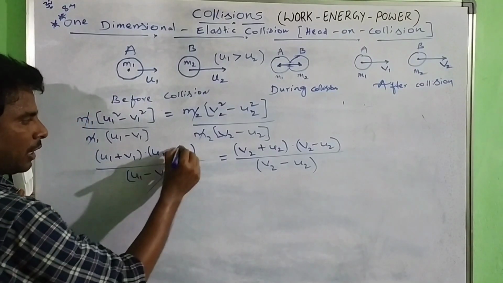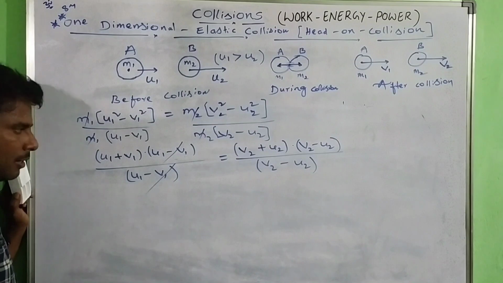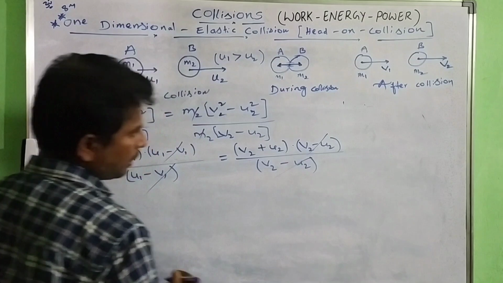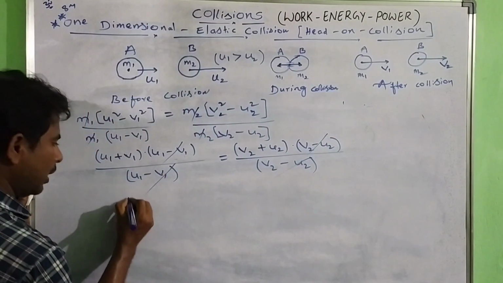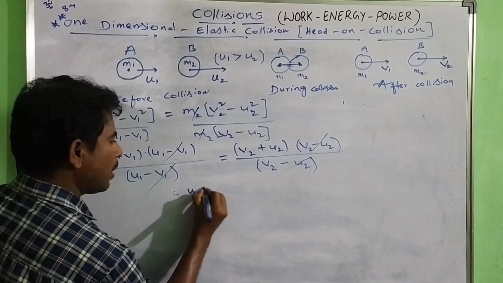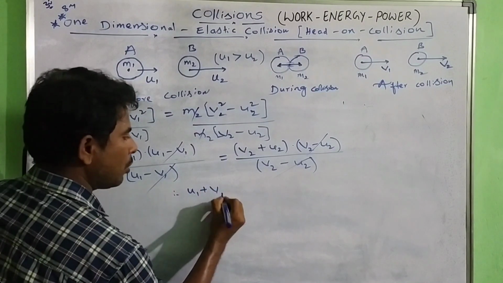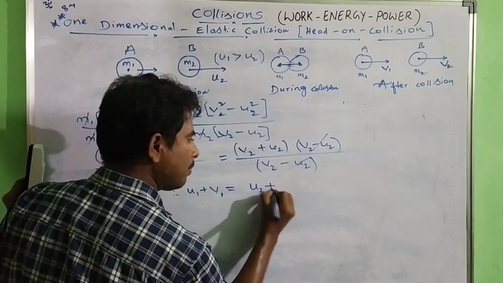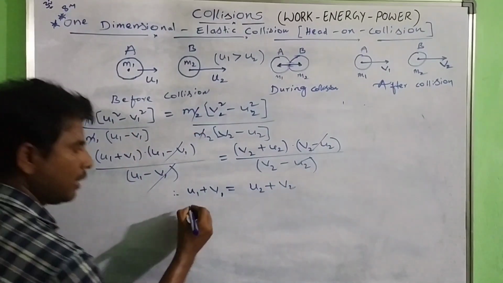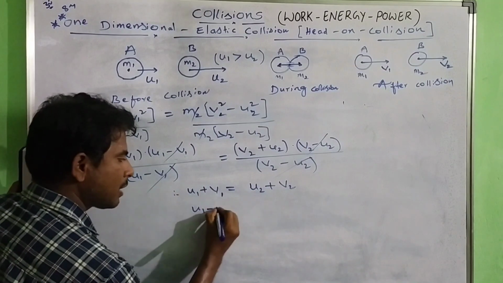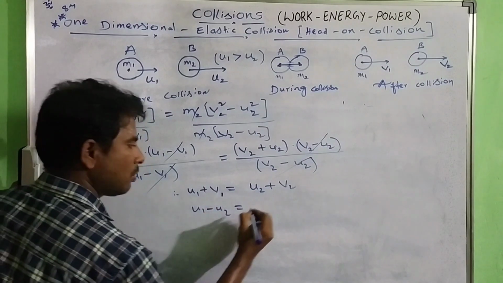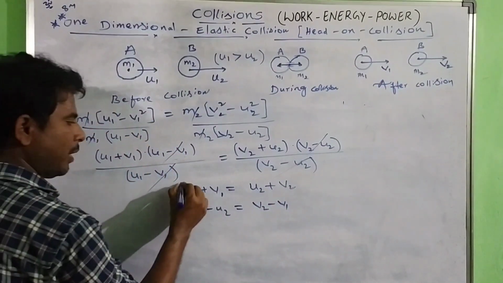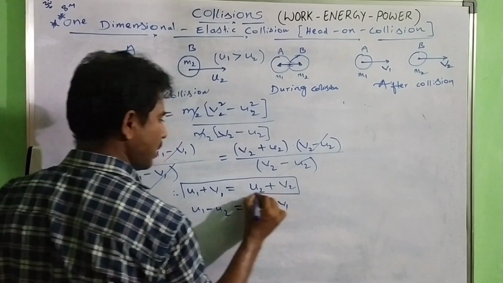The u1 minus v1 terms cancel and the v2 minus u2 terms cancel. The remaining equation is therefore u1 plus v1 equals u2 plus v2, and again u1 minus u2 equals v2 minus v1. This is the main equation.